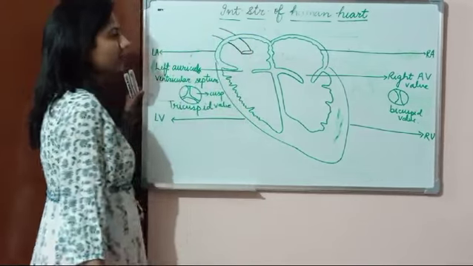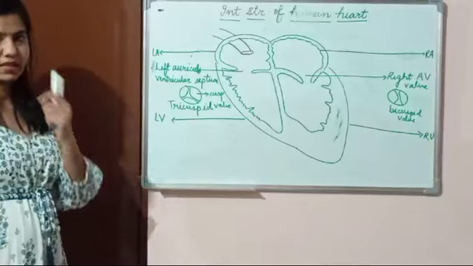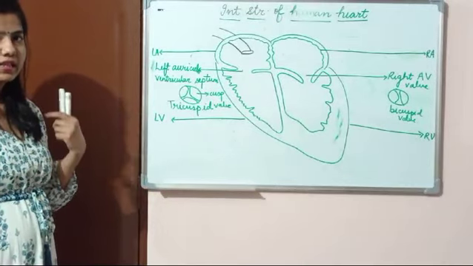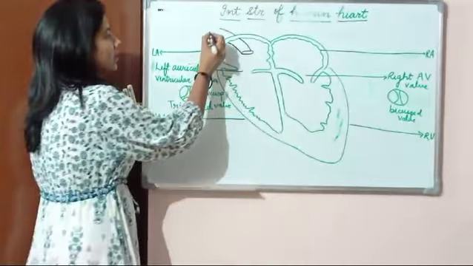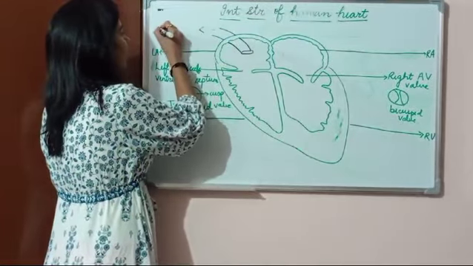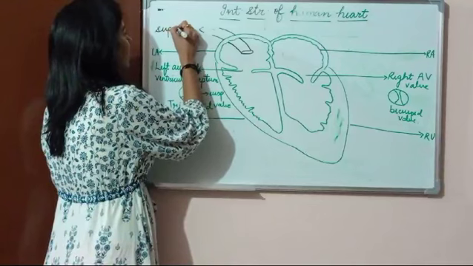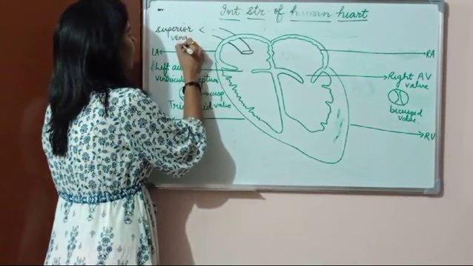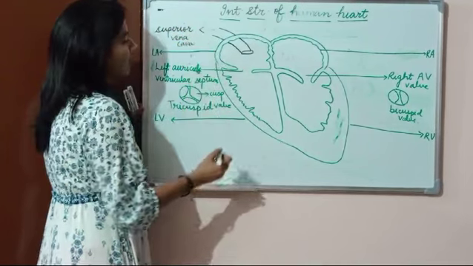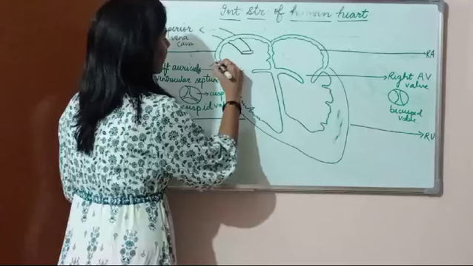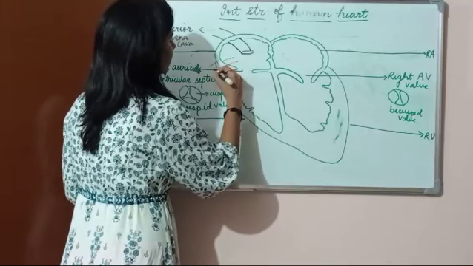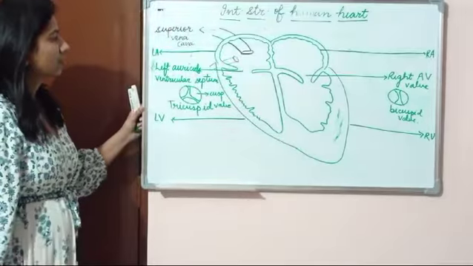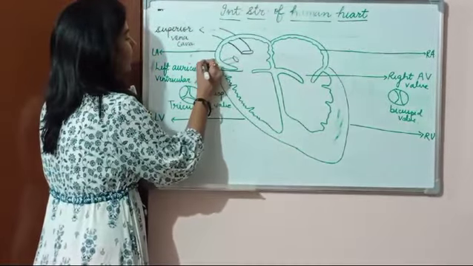This vein is bringing blood from the upper body parts like the brain and your neck region, and this is known as the superior vena cava. Now there is a blood vessel which brings blood from the lower body parts like your legs, and this is known as the inferior vena cava.